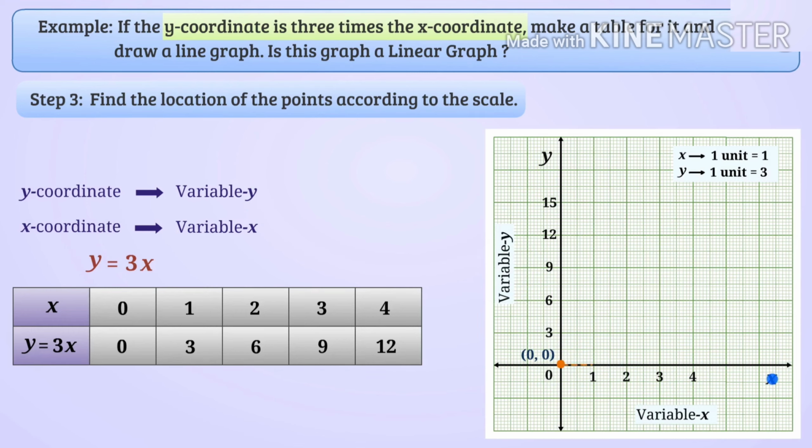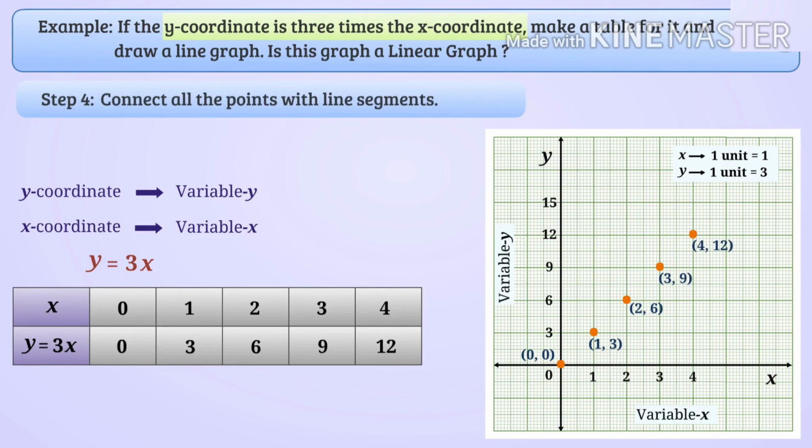So x as 1 is here, and y as 3 is here at this point. Similarly we will plot all the points, and you can name the points as well. Now if x is 2, then y is 6, which is here, and you can name it also. And when x is 3, then y is 9, and at last, see this.